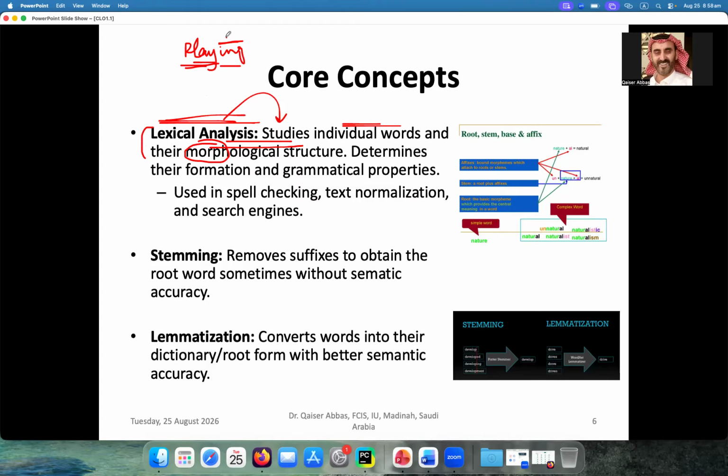For example, here the grammatical structure is the gerund form. It is progressive. Gerund means progressive, continuous tense. And if it is ed, then I can say that it has the past tense. This is its grammar. And here is the formation: root first, and then we are using a suffix.